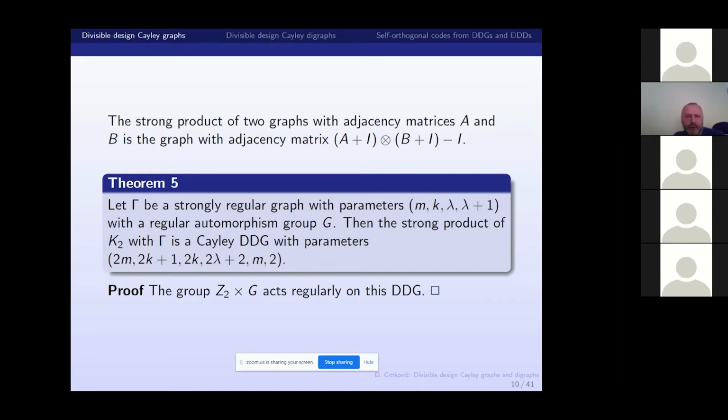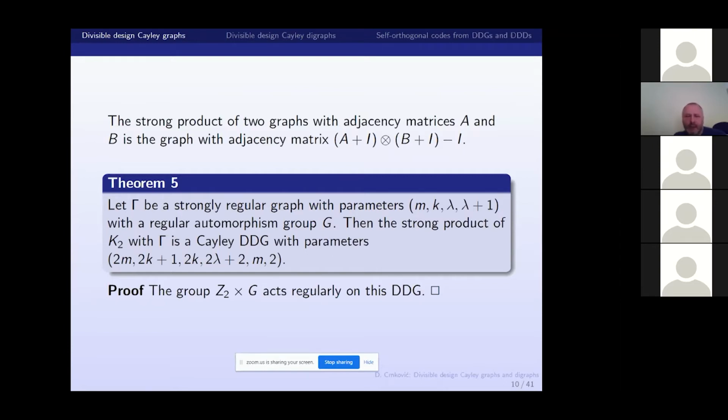We have the following theorem. Let gamma be a strongly regular graph with parameters (m, k, lambda, lambda plus 1) with a regular automorphism group G. Then the strong product of K2 with gamma is a Cayley DDG with parameters (2m, 2k plus 1, 2k, 2 lambda plus 2, 2, m).